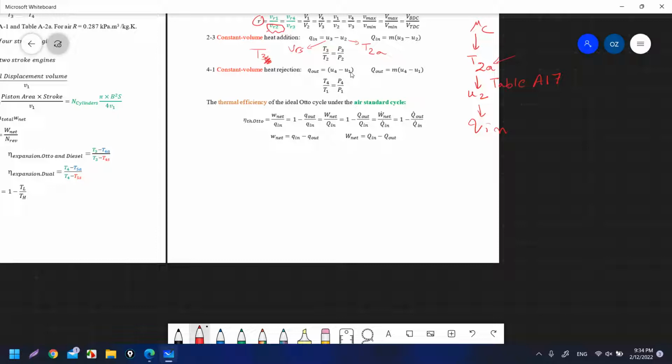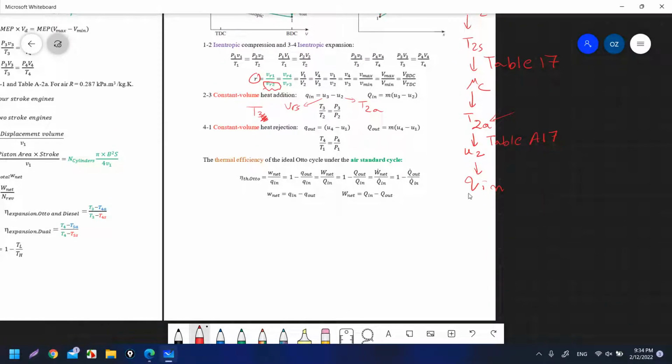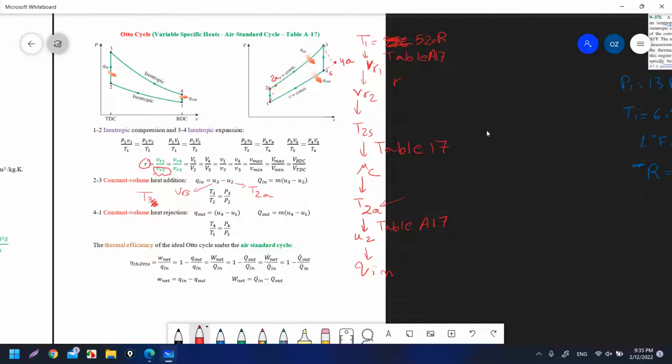I didn't find U1, okay, but I can use the table to find U1, right? And also for U4 I need to find U4. It is the same problem as for U2, so we'll follow the same procedure that we drew here.